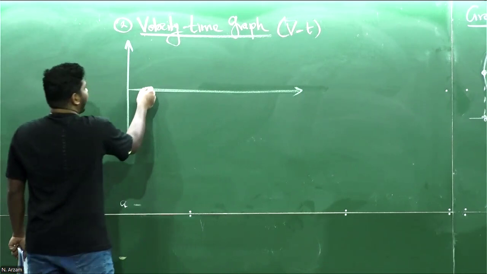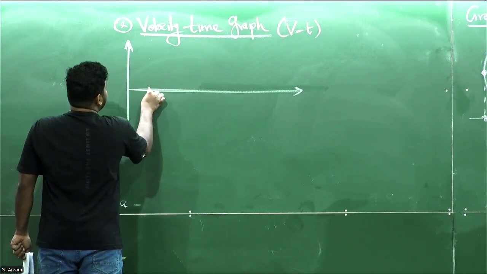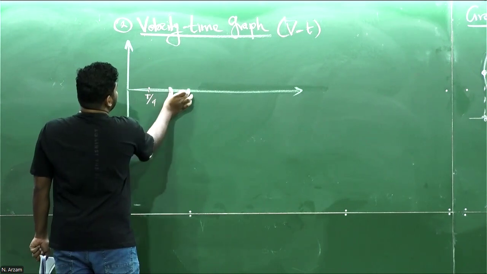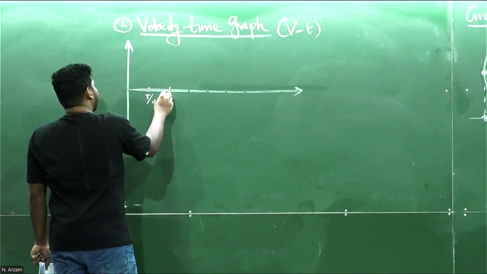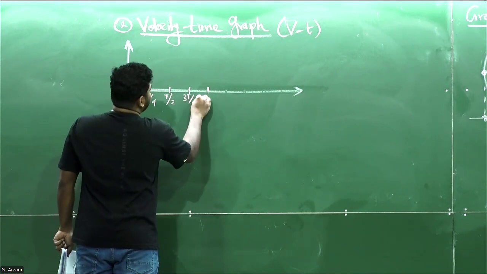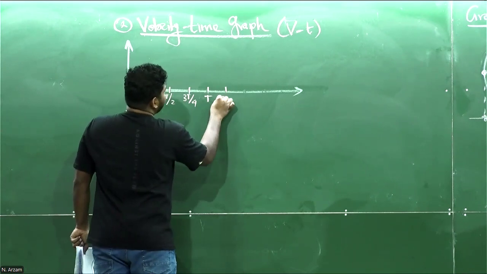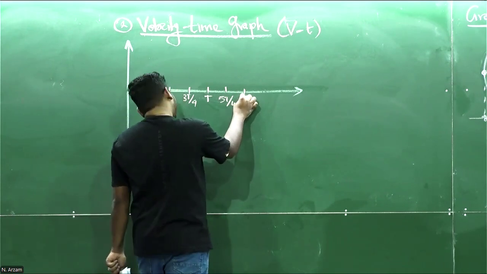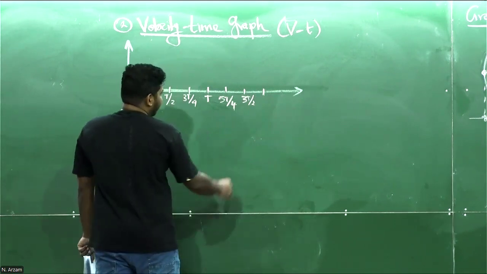This is t by 4, 2t by 4 which is equal to t by 2, 3t by 4, 4t by 4 which is t, 5t by 4, 6t by 4 which is equal to 3t by 2, 7t by 4.